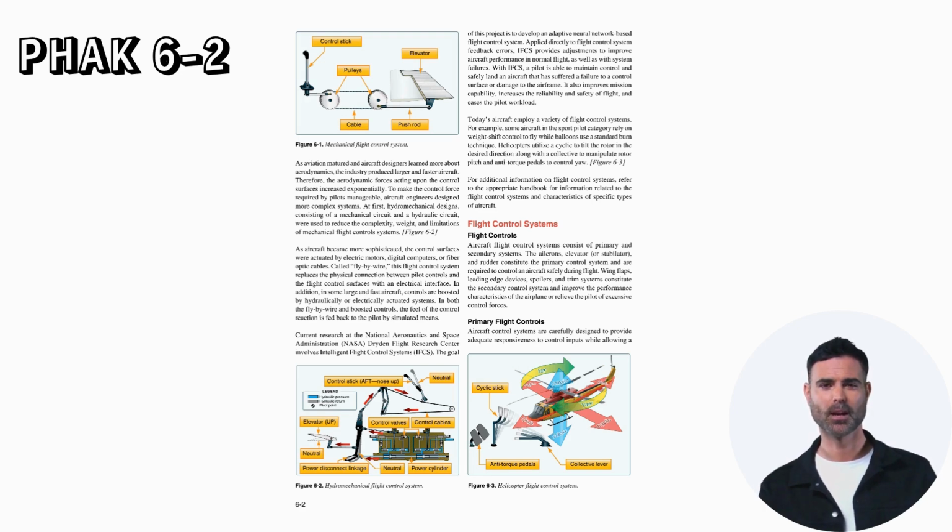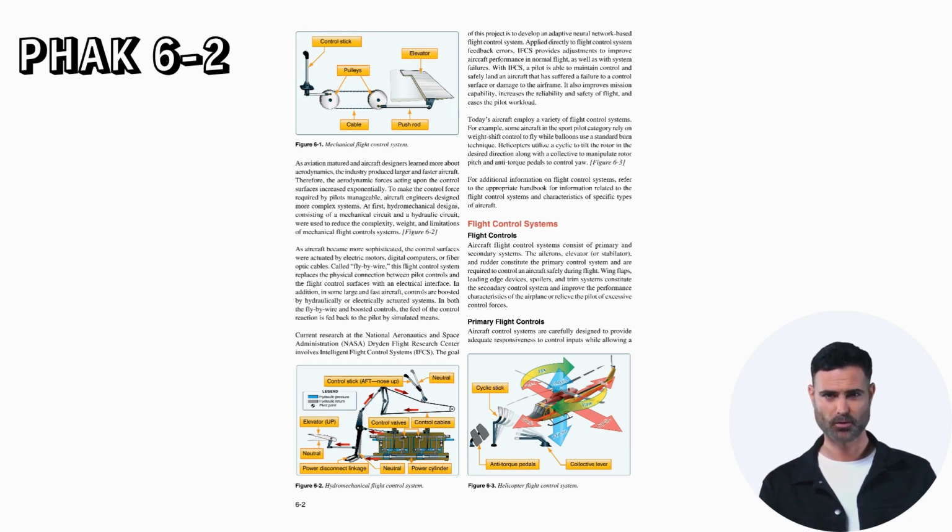Applied directly to flight control system feedback errors, IFCS provides adjustments to improve aircraft performance in normal flight, as well as with system failures. With IFCS, a pilot is able to maintain control and safely land an aircraft that has suffered a failure to a control surface or damage to the airframe. It also improves mission capability, increases the reliability and safety of flight, and eases the pilot workload.